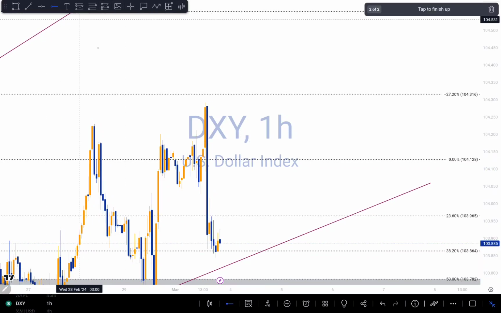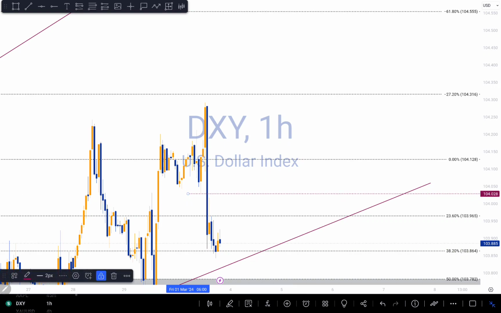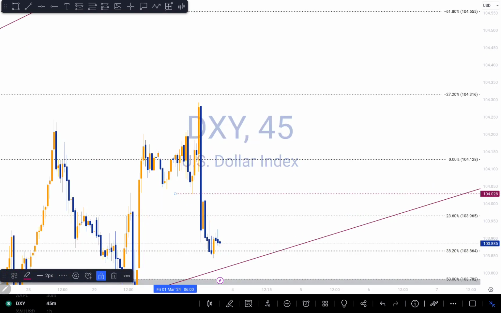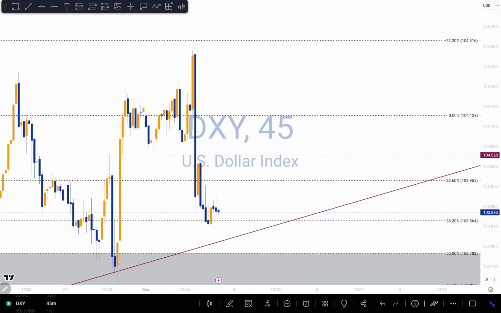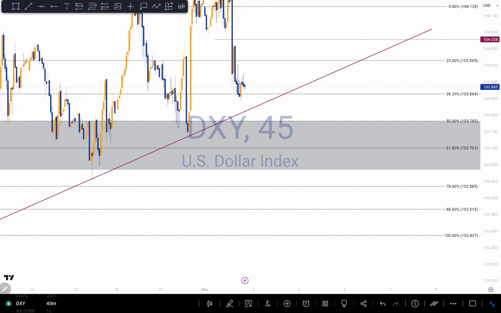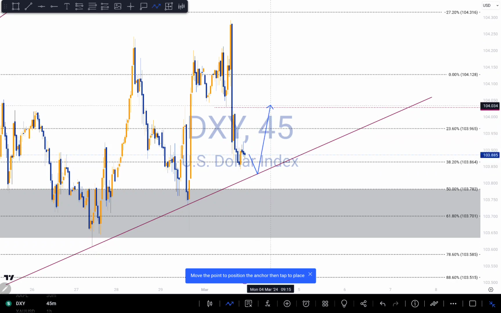So let's have a mini line here, which would be our target if we continue to push to the upside. That is what I am looking for currently. So let me just draw my thought: the possibility of it pushing here, then pushing to the upside.